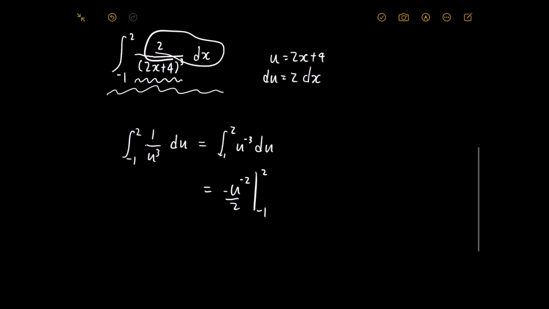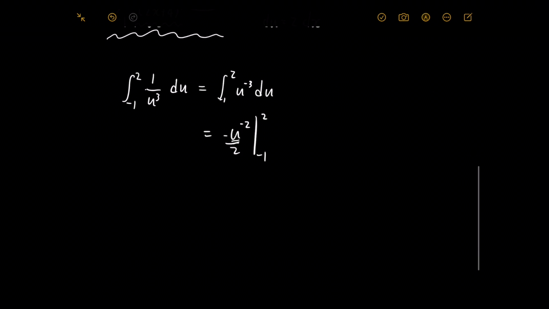So how do you do this? We can resubstitute this u with 2x plus 4. So this is equal to negative 1 over 2 times (2x plus 4) squared.